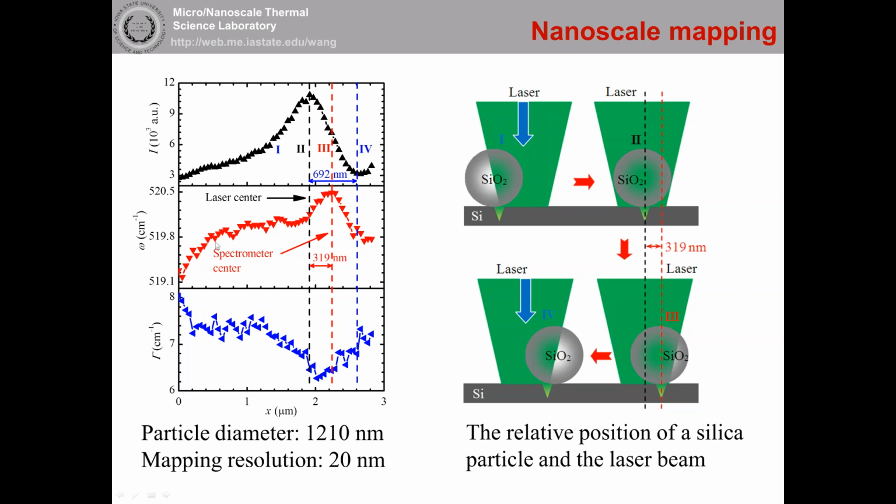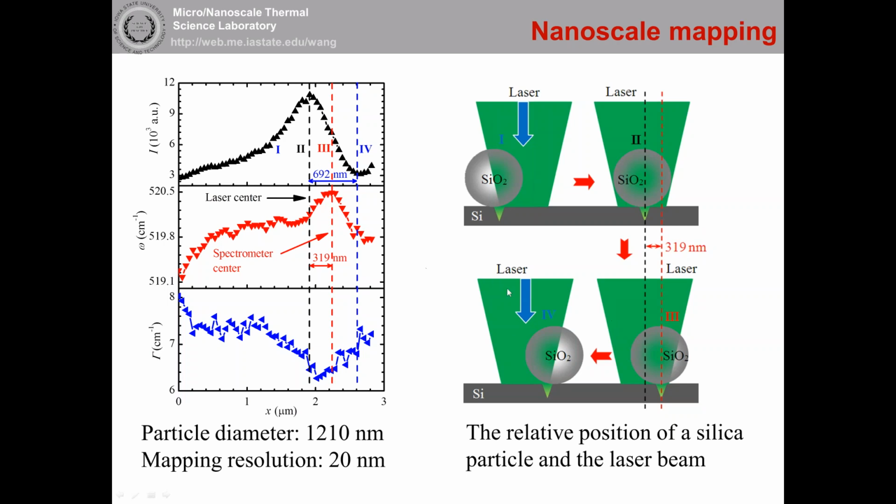For the omega and the line width, there is some shift. Later we found that in the experiment, the center of the laser is not exactly the center of the optical path, so they give this kind of shift. Otherwise, it should be in the middle, the same location.